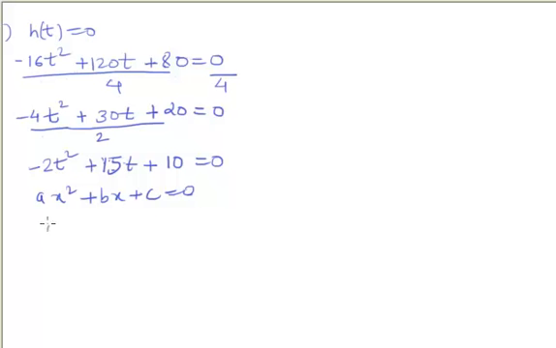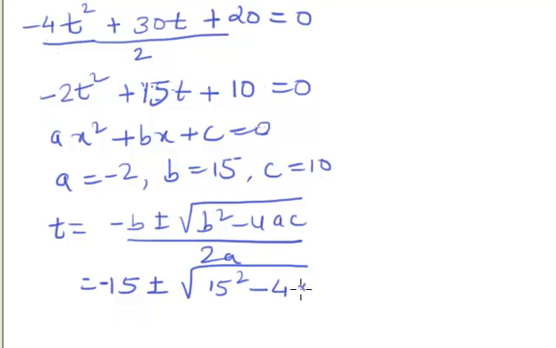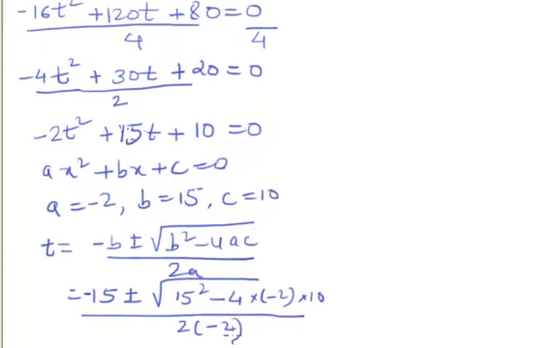The value of a is minus 2, the value of b is 15, the value of c is 10. So t is given by the formula minus b plus minus under root of b square minus 4ac over 2a. I'll apply the formula here. B is 15, so minus 15 plus minus under the root of 15 square minus 4, a is minus 2, c is 10, over 2 times minus 2.